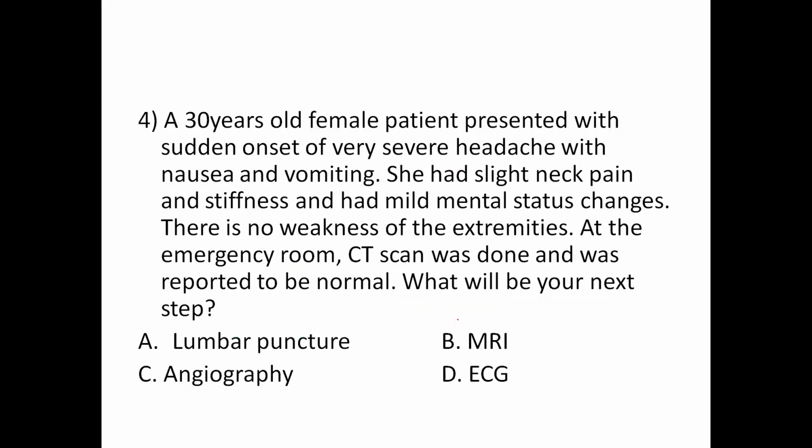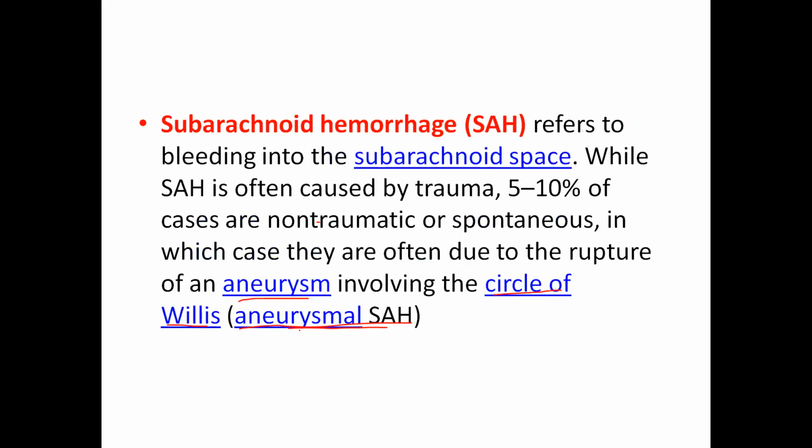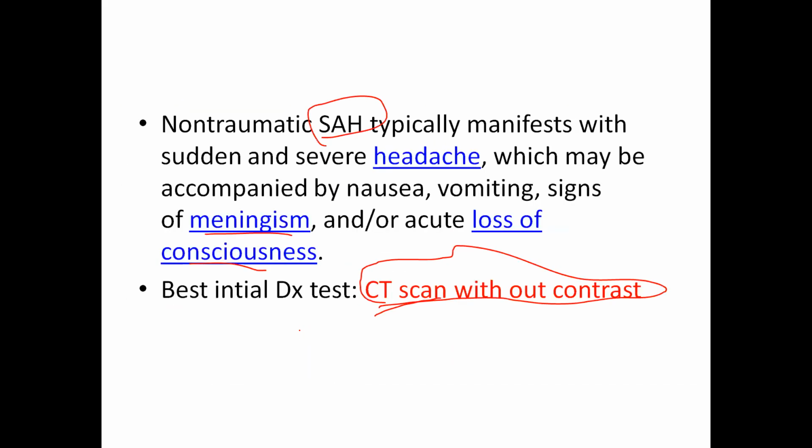So the same patient, the same patient above, you send the CT scan and it was reported to be normal. It's negative. What will be your next step? As we discussed before, the best initial test for suspicion of subarachnoid hemorrhage is to send for CT scan.